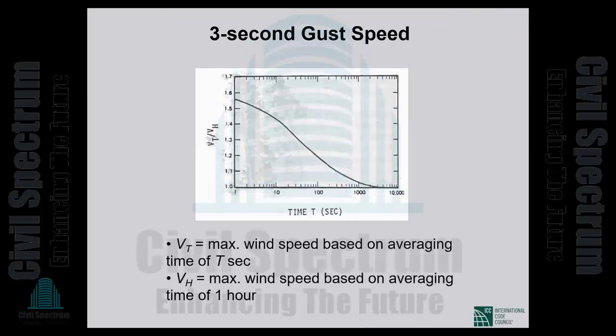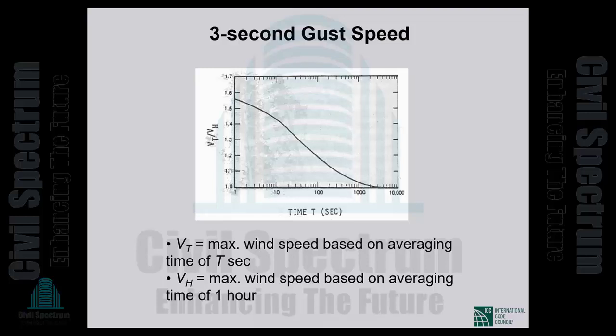This is something very important. This tells you that the shorter the averaging time, the higher the average wind speed. So 3-second gust speed would be larger than fastest mile wind speed.